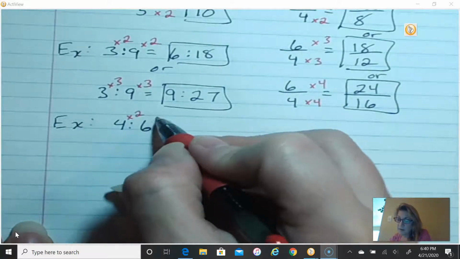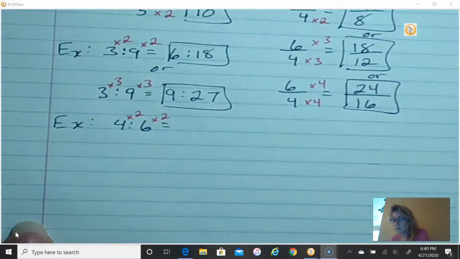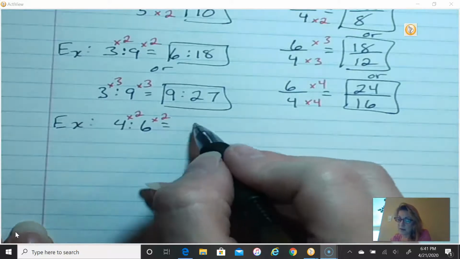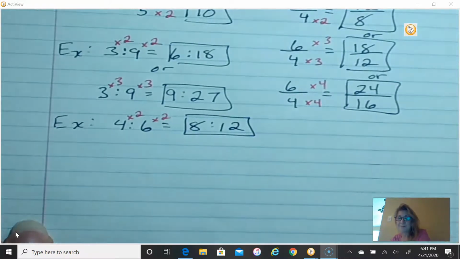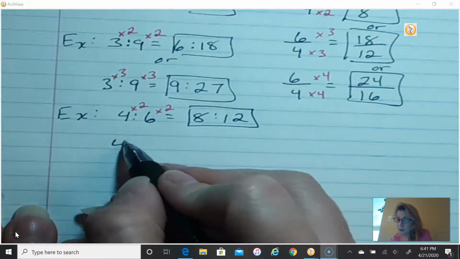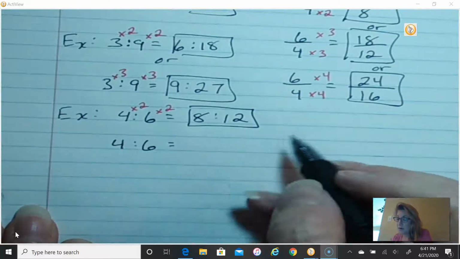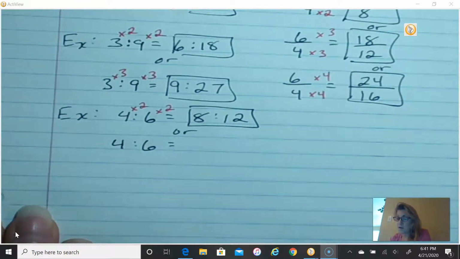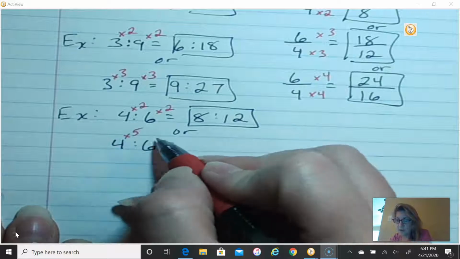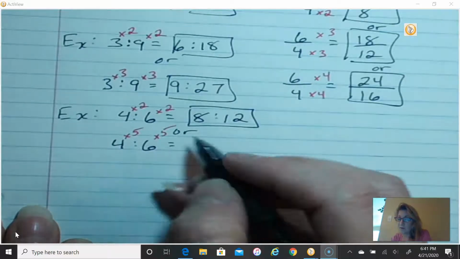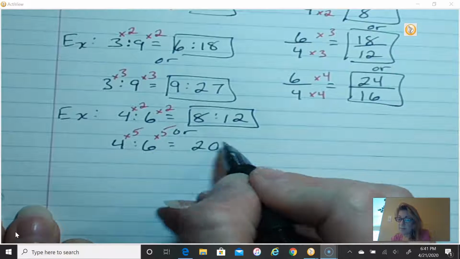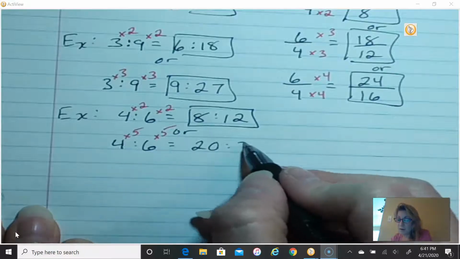Well, we can do times 2. 4 times 2 is 8. 6 times 2 is 12. Or we could do 5. What you do to one, you must do to the other. 4 times 5, 20. 6 times 5, 30.